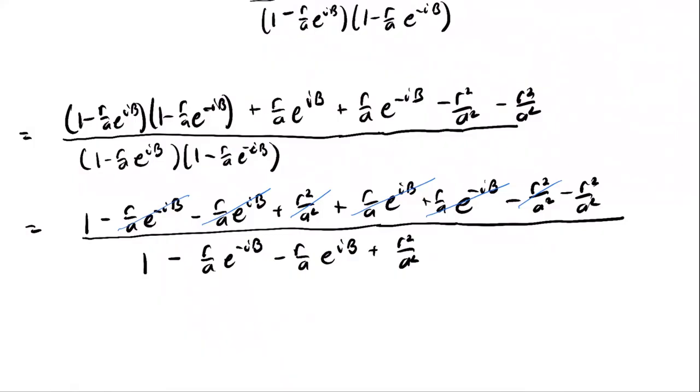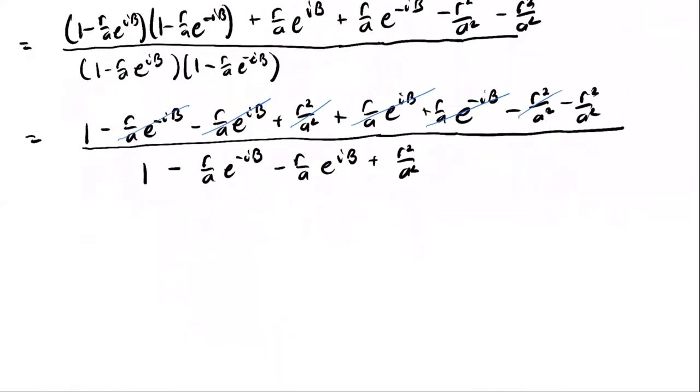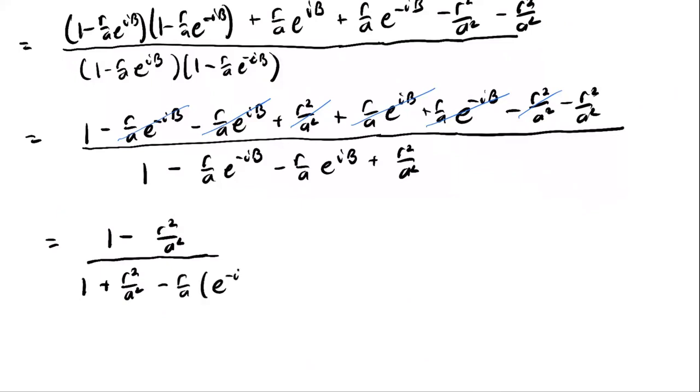And so this is what I'm left with. Finally, I end up with 1 minus r squared over a squared, divided by 1 plus r squared over a squared, minus r over a times e to the minus ib plus e to the ib.